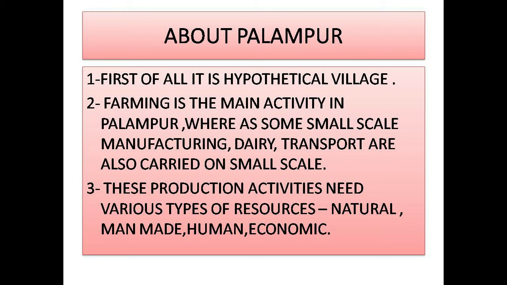So all these activities other than farming are sub activities. Farming is the main activity which is done in Palampur. And all these production activities, all these manufacturing activities need various types of resources such as natural, man-made, human and economic.